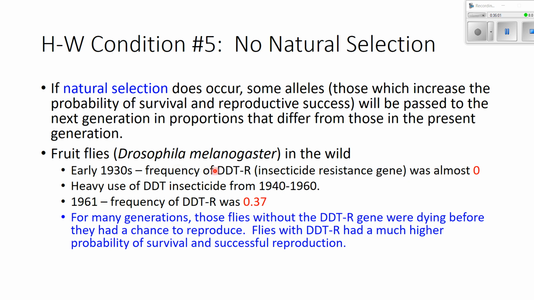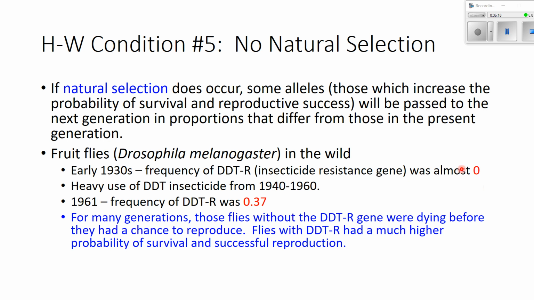It was a gene called DDTR, resistance to DDT, and any fruit fly that inherited this extremely rare allele would not be killed by this particular insecticide.